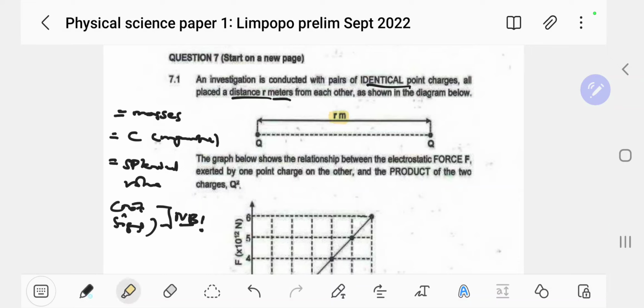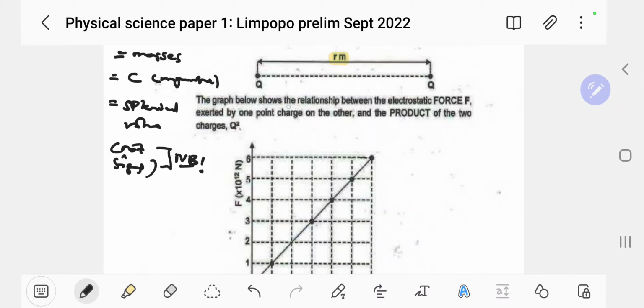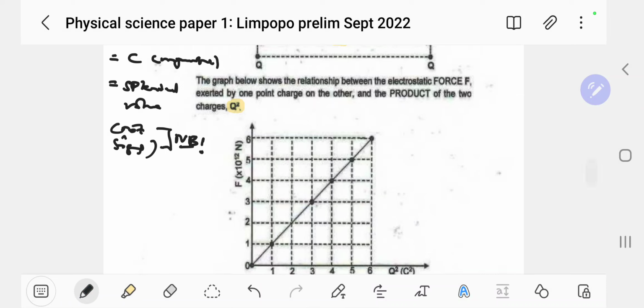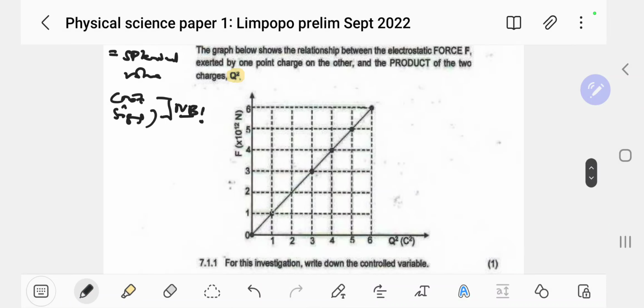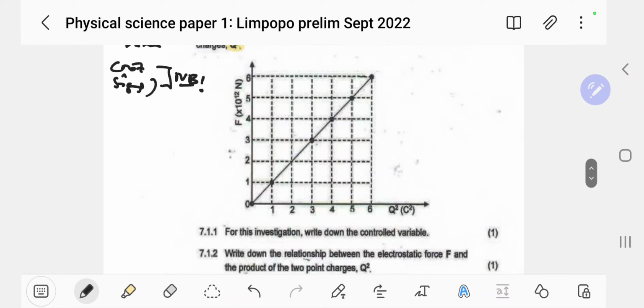Now we are told the graph below shows the relationship between the electrostatic force F exerted by one point charge on the other and the product of the two charges, which is Q squared. Of course, the magnitude is the same. That is why we're getting a Q squared. Maybe let me just shade it like that. If you can see here, this is a straight line from the origin like that. So this is a direct proportion.